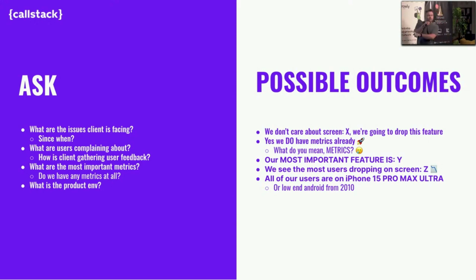Or they do have metrics already, and you need to ask what kind of metrics they have. And obviously, the most important feature is something, and you need to care about that metric the most. And it's nice to know what devices users are using. So that was the D.